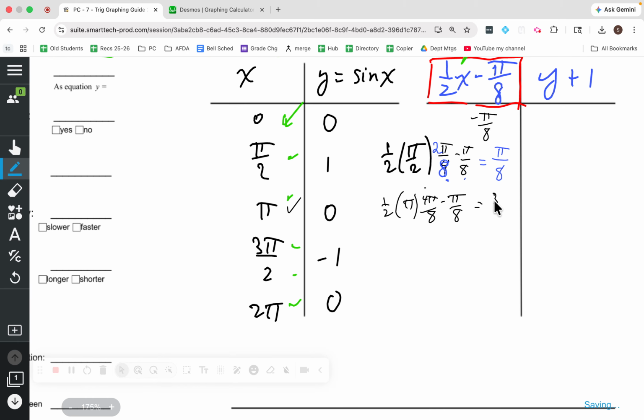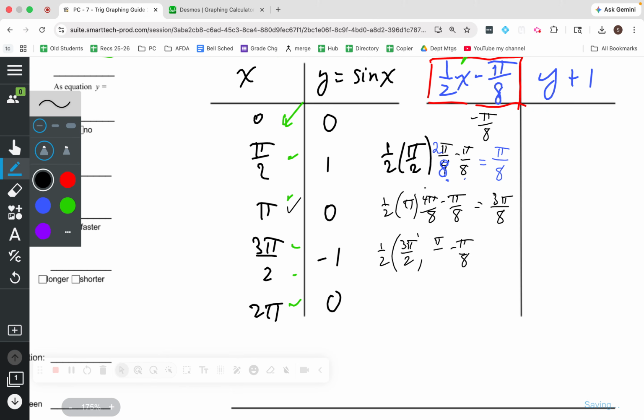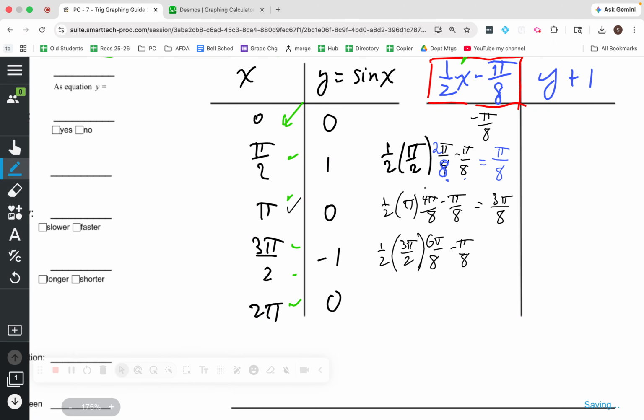So we end up here with 3 pi over 8. 1 half times 3 pi over 2. Remember, when you're multiplying, you just multiply the tops, multiply the bottoms, minus pi over 8. Well, again, let's do a conversion here. Double that, and we're getting 6 pi over 8. And when you subtract the tops, you get 5 pi over 8.